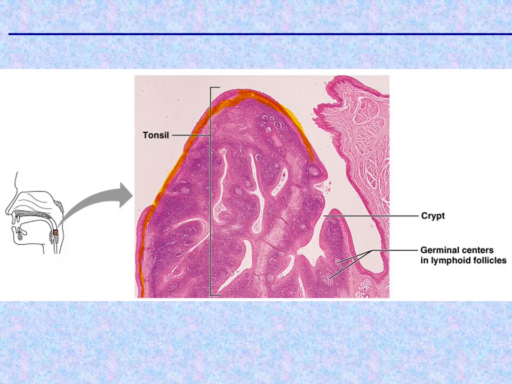A crypt is a space embedded into the wall of a structure, and you can see here, this is all connective tissue all along here, all the way along here, but then it's bare. There is no connective tissue. There is no capsule of connective tissue. This area here, this crypt, is an opening right into the tissue itself.